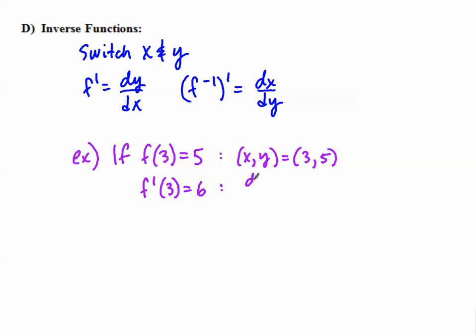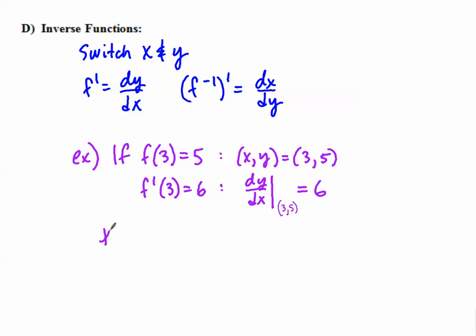Another way to look at that is saying dy dx equals 6. Better yet, let's write it this way, dy dx at x equals 3, or even more specific, dy dx at the point 3, 5, because the point is 3, 5. So the derivative at the point 3, 5 is 6.